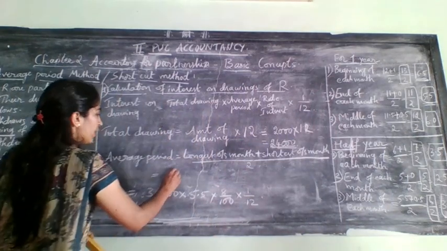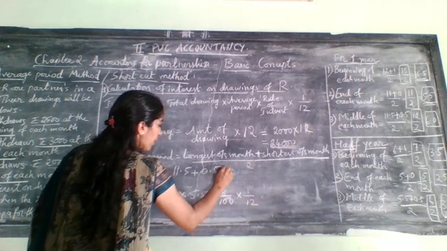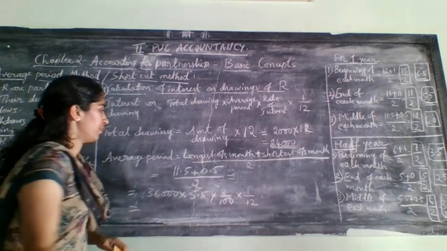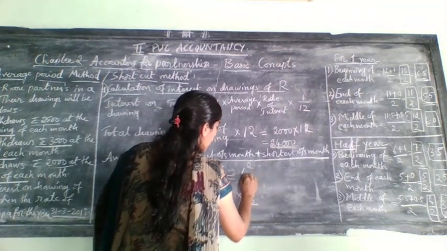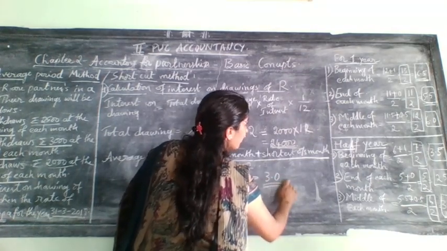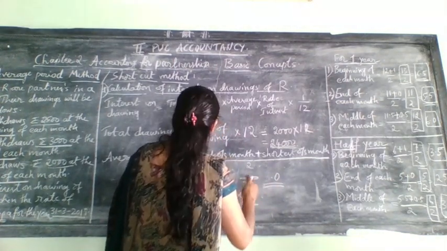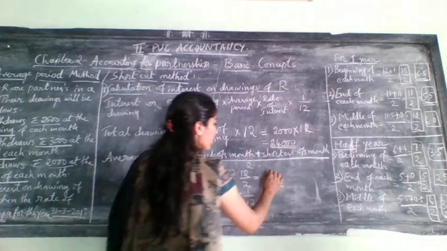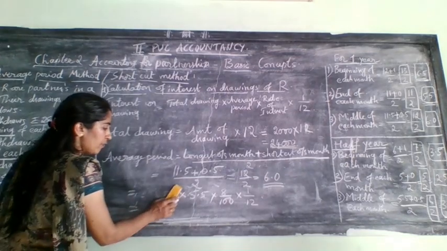So 11.5 plus 0.5 is 12, 12 by 2, that means it will come 6. How much? 6.